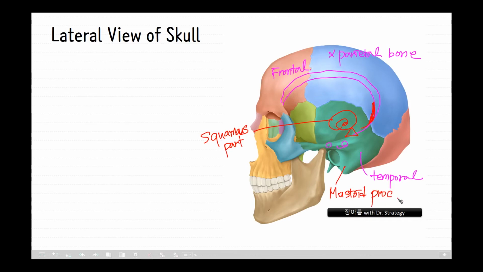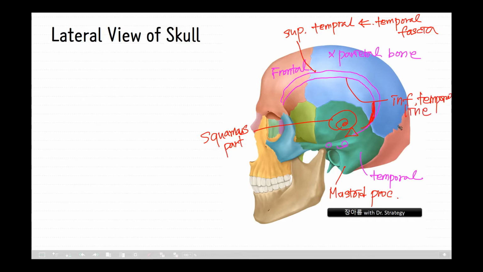The superior temporal line is where the temporal fascia attaches. This is the superior temporal line, where the temporal fascia attaches. The temporal fascia is the fascia of the temporal muscle, and the inferior temporal line is the site of attachment of the temporal muscle.